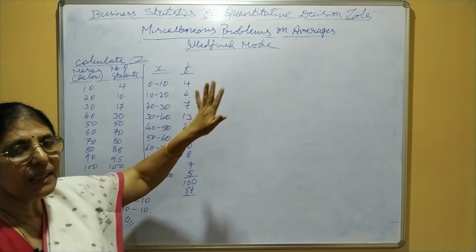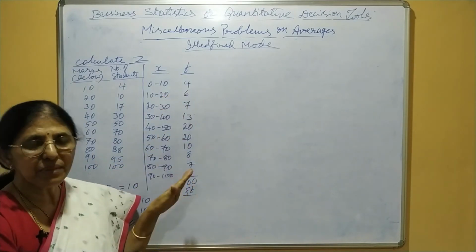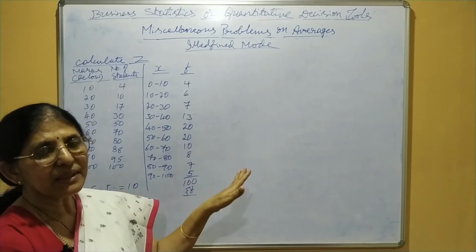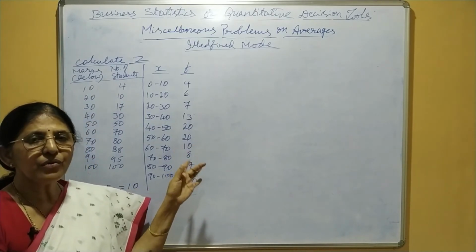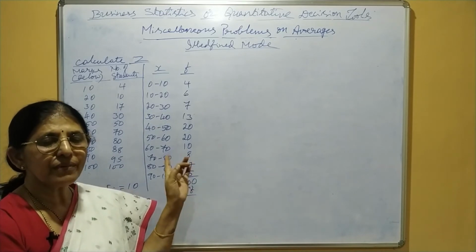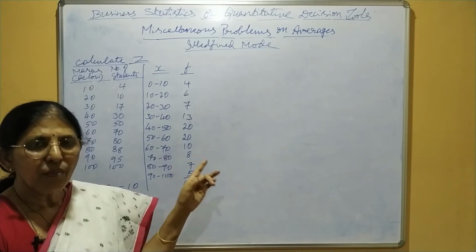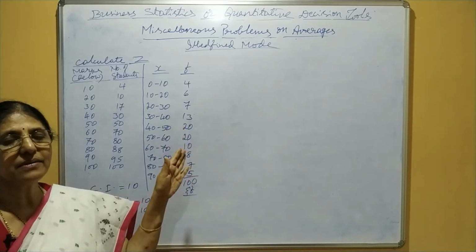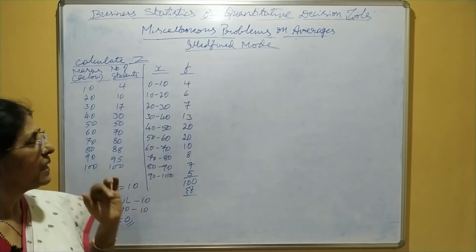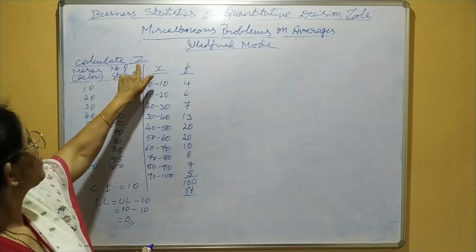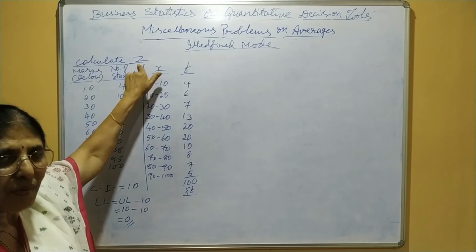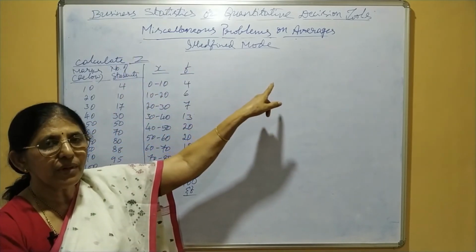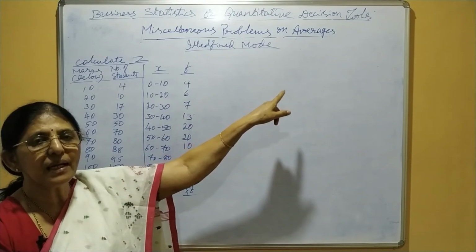or we say it is empirical mode, because here we cannot apply the direct formula. Instead we have to apply the formula of relation between mean, mode and median, empirical based. That's why it is also called as empirical mode. In this case, even though it is asked to calculate mode, it is inevitable in order to apply the formula of relation between mean, median and mode.